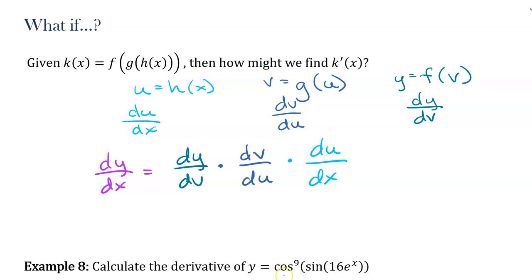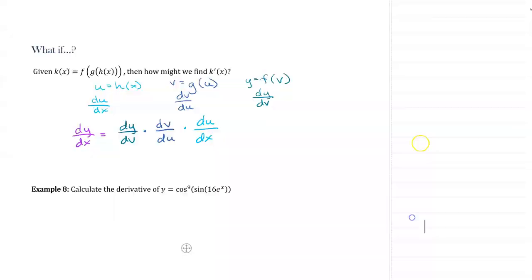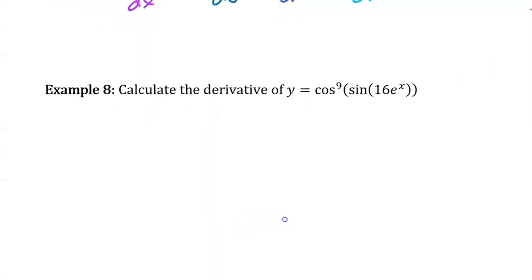We have cosine to the 9th power of sine of 16 e to the x. That's a lot. By my count, that's actually 4, in fact. Not 3, but 4. Now why?